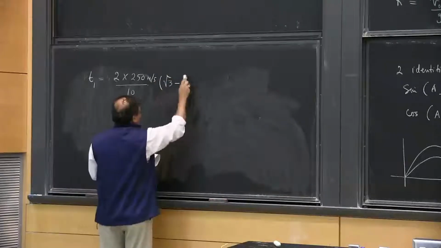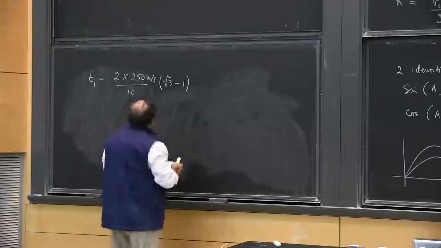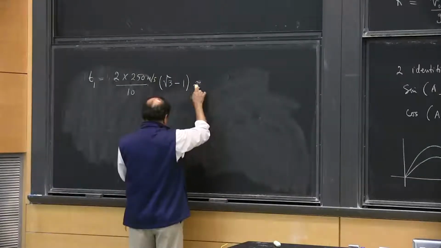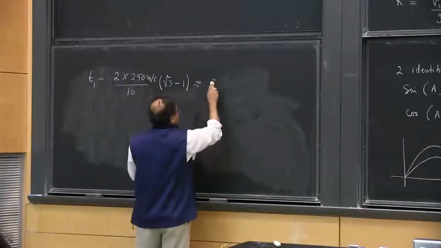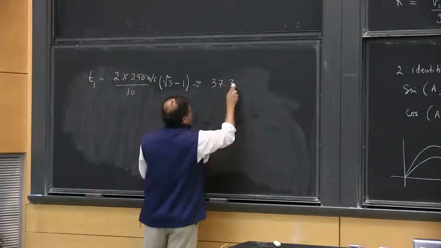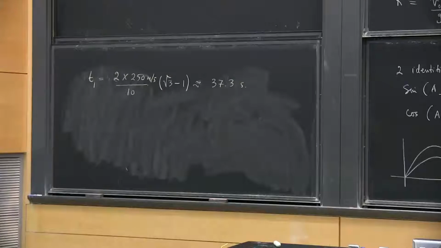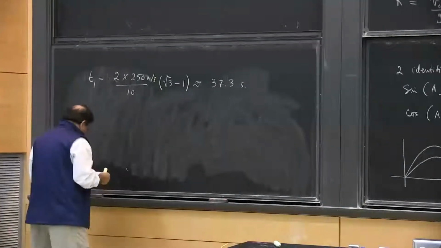Root 3 minus 1 is 0.732. So if you work it out, T1 comes approximately to 37.3 seconds if you do the math. Of course, I have approximated and rounded off. So I'm not going to do the math completely.